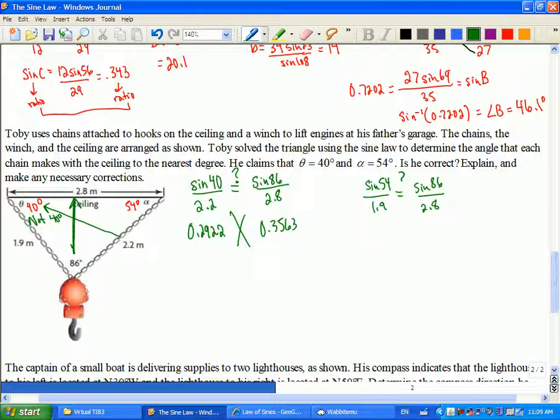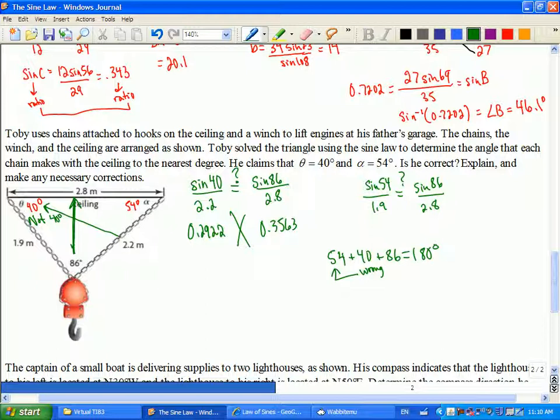But why would we do all that work again? Because what Toby's done is 54 plus 40 plus 86 is the whole 180 degrees in the triangle. So if this one's wrong, then it wouldn't have added up properly here either.